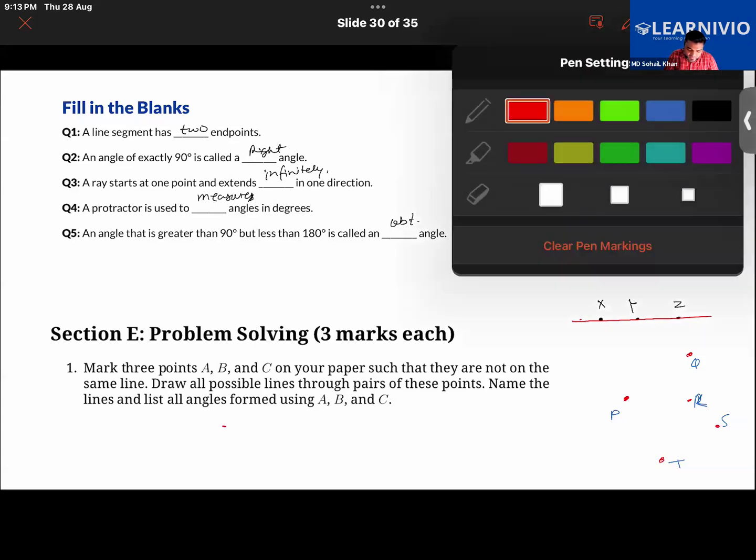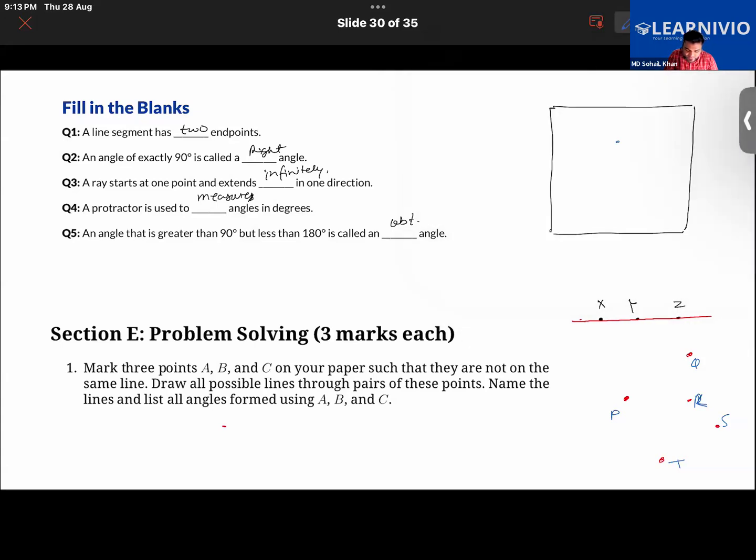First of all, let me explain this stepwise. We are going to take 3 different points, guys, like this. Let's name these points A, B, and C. Then you will connect all these points. You will draw a line through the pairs of points. Pair of points, what does it mean?